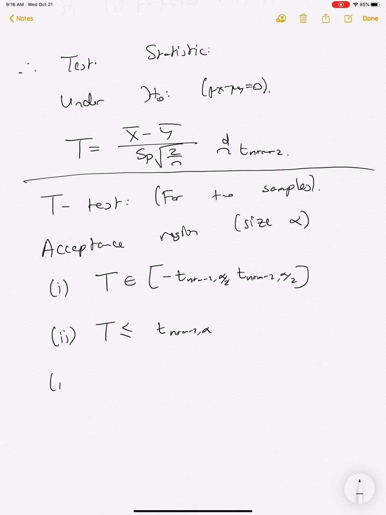And these are something you can just look up on a t-table. And for the other alternative, this is going to be equal to negative t n plus m minus 2 alpha.